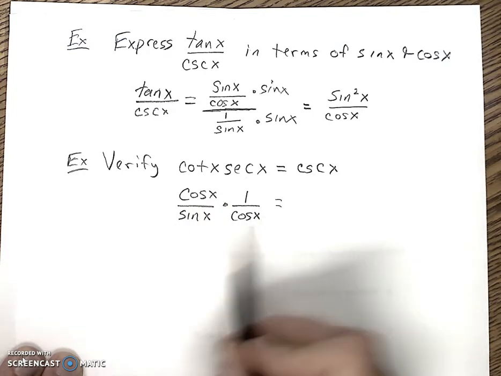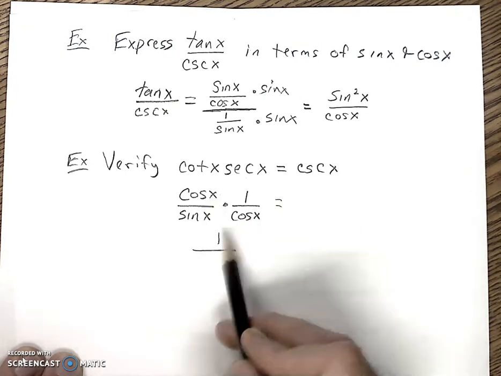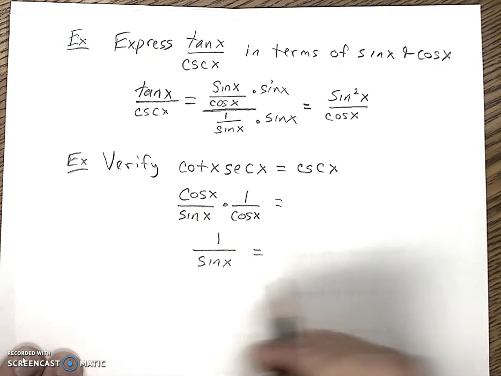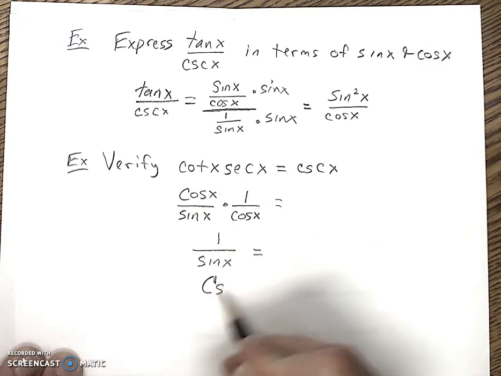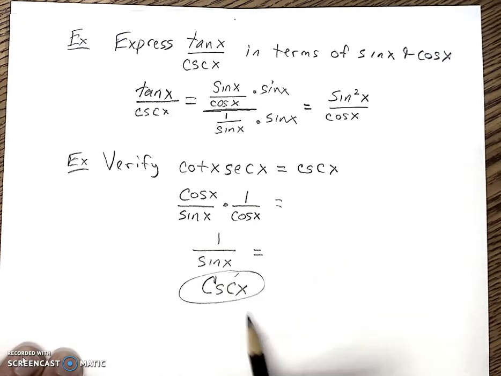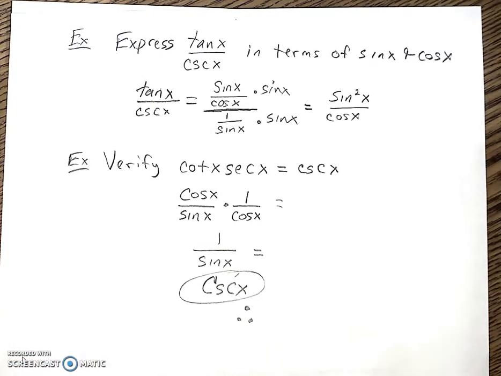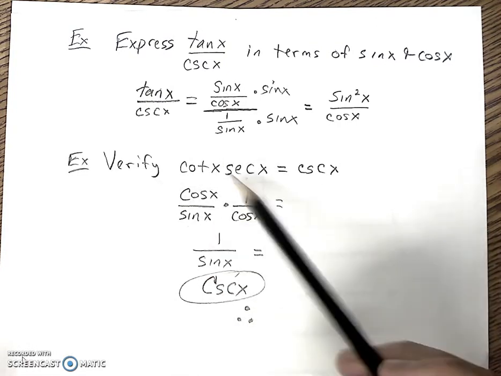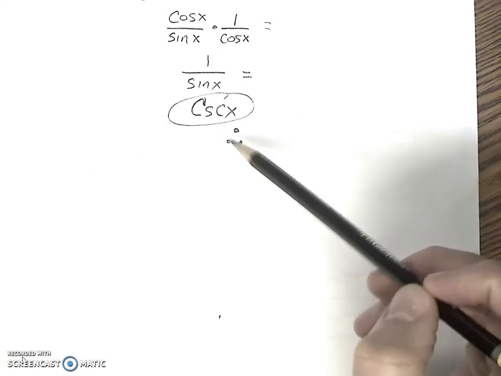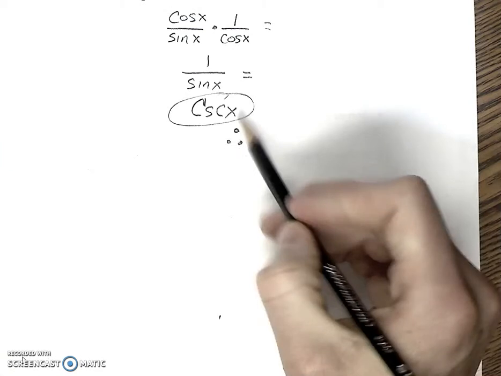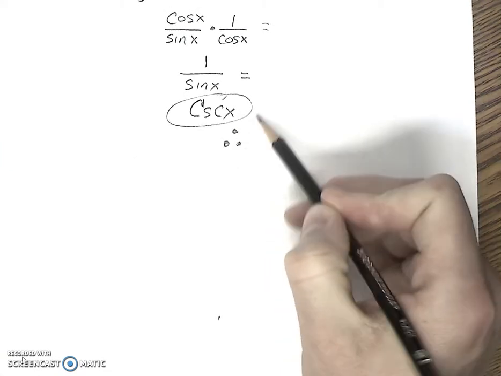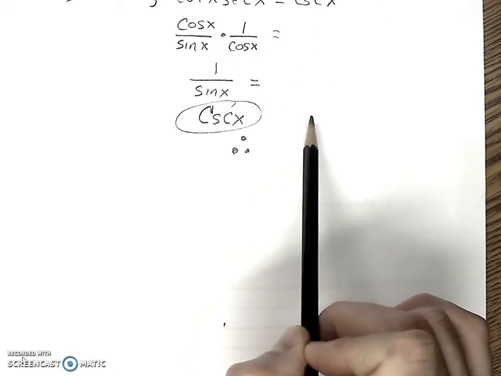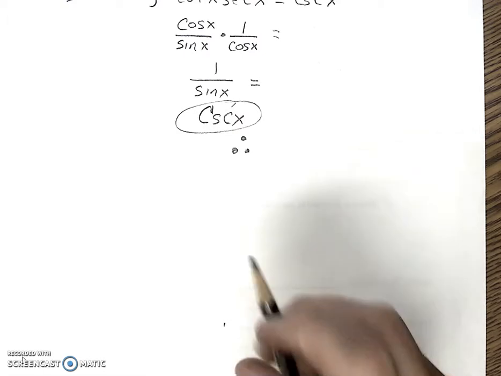So these cosines divide out, and you're just left with 1 over sine x, which is, of course, the cosecant of x by the reciprocal identity. We get into a lot more complicated ones, but this is an example of how we verify an identity. Of course, these 3 dots just mean that we have proved the left equals the right. Once you write those, you're good.